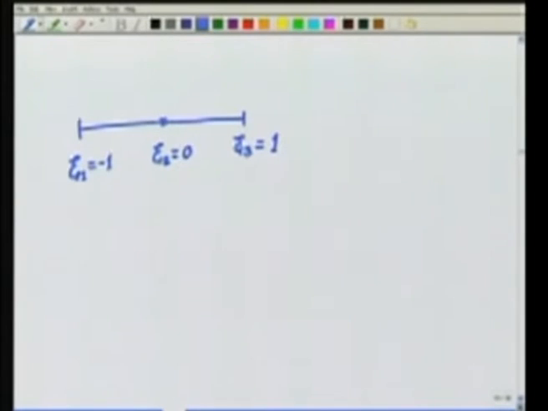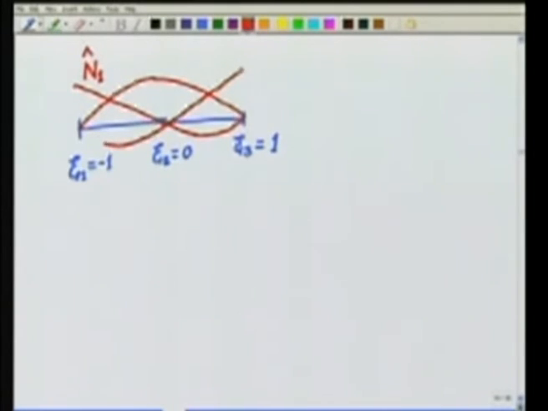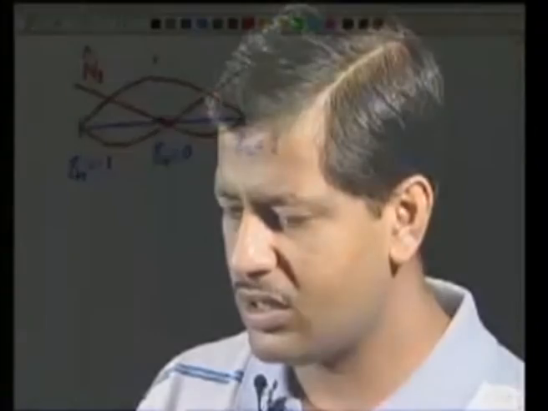Now the first shape function for the quadratic is going to be 1 at the point psi 1, and 0 at the points psi 2 and psi 3. So this is going to be my N1 hat. Similarly, the second one is going to be 1 at the point psi 2 and 0 at points psi 1 and psi 3, and the third one is going to be 1 at the point psi 3, and 0 at the points psi 1 and psi 2.